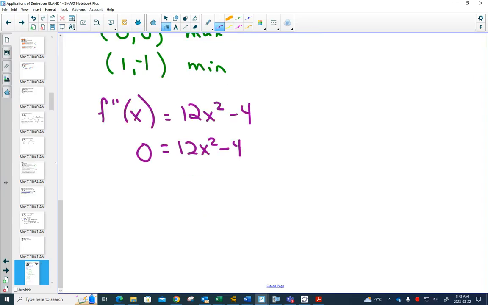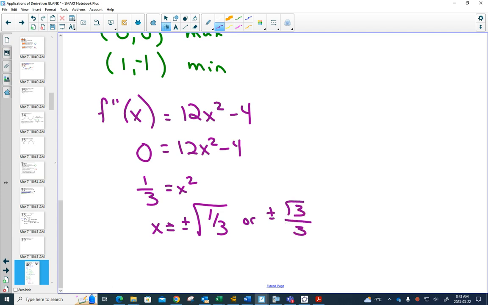Move the 4 over, divide by 12, so we get 1/3 equals x squared, and x would equal plus or minus √3/3.